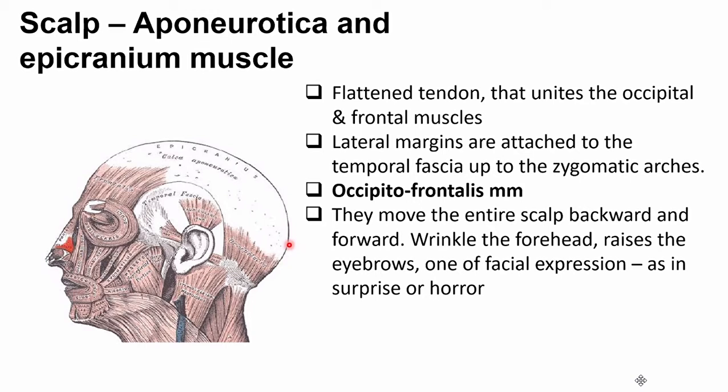But they are linked together by a flattened tendon, a flat sheet. The frontal belly naman ito have no bony origin. Ito yung pagkakaiba ng muscles sa extremities, no? Sa facial, wala siyang bony origin.